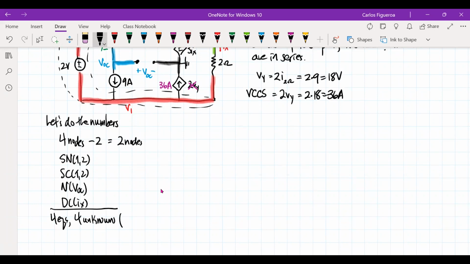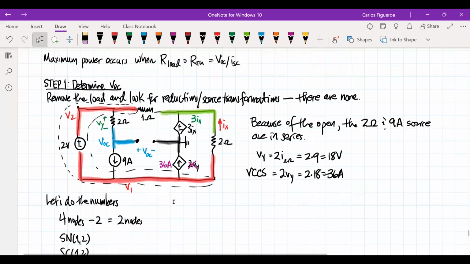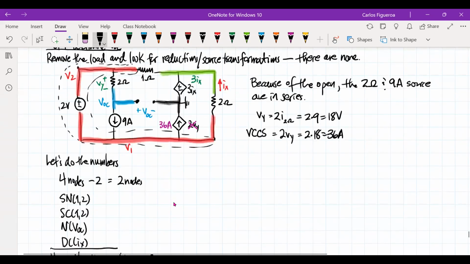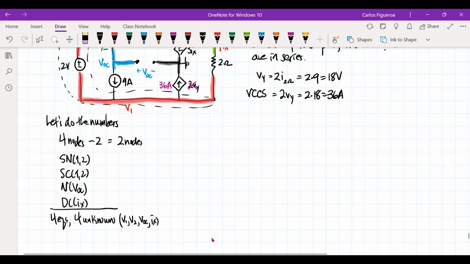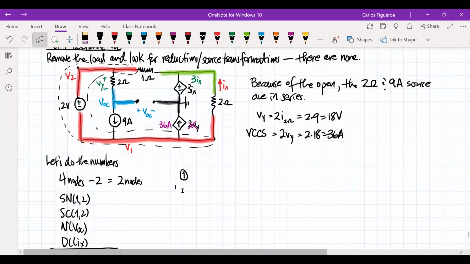So I have V1, V2, VOC, IX. So I'm going to start writing them right here, right to the side. So the first one I'm going to do is my supernode. Actually, I'm going to move it over a little bit more. So I'm going to look at my supernode.